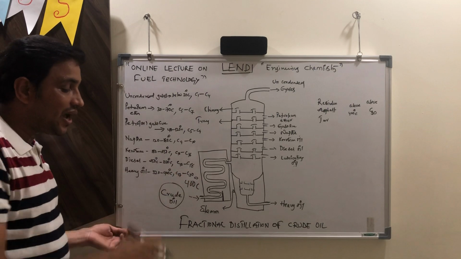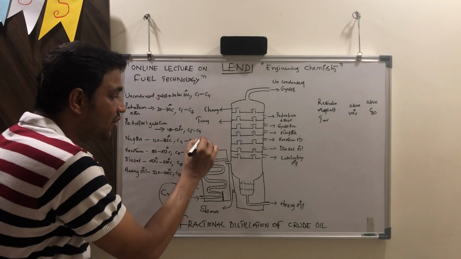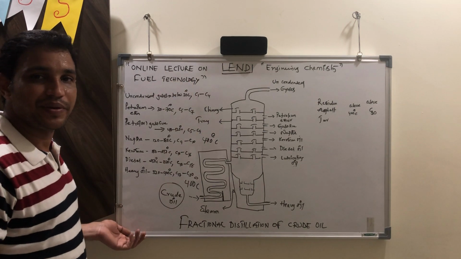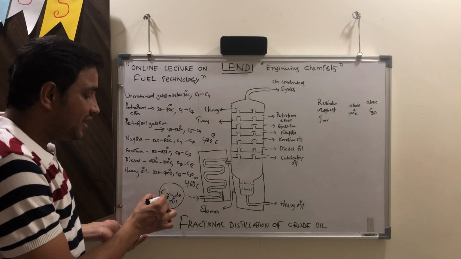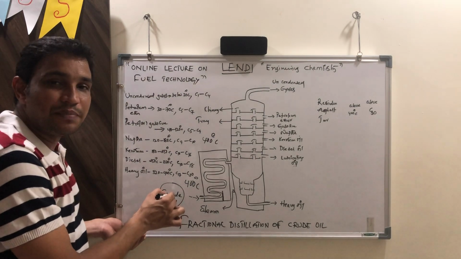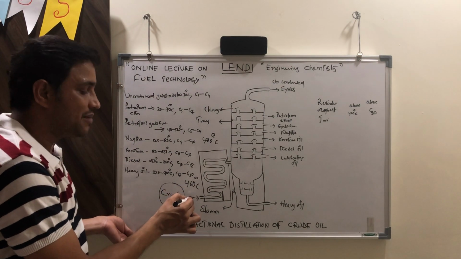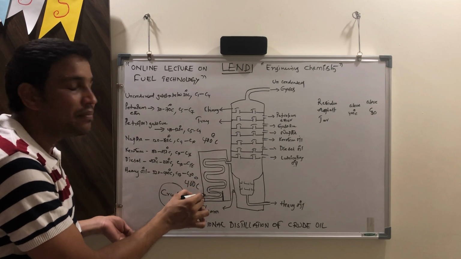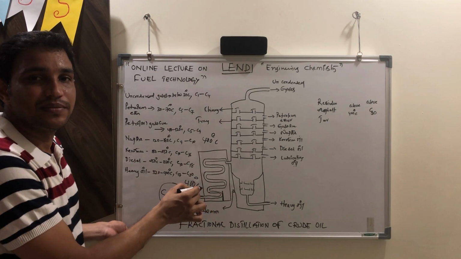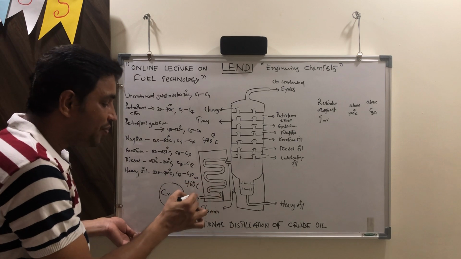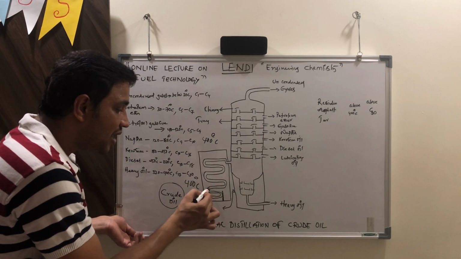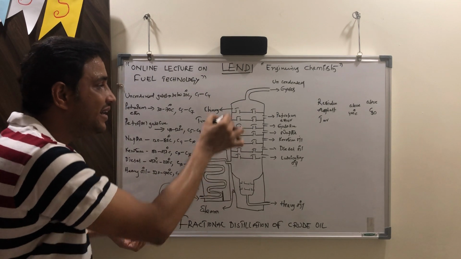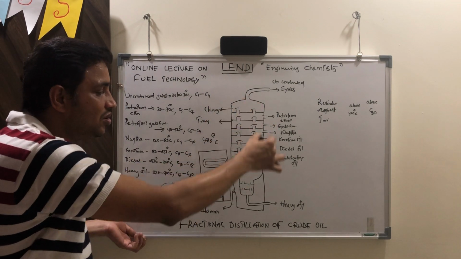With the help of the coils, we are able to apply 400 degrees Celsius temperature, right guys? So when the crude oil is subjected to 400 degrees Celsius, it becomes vapors.